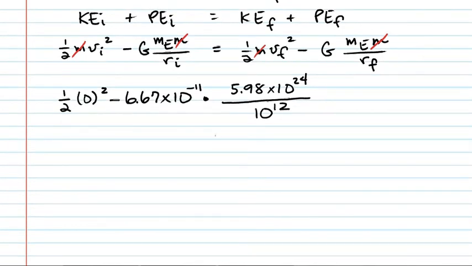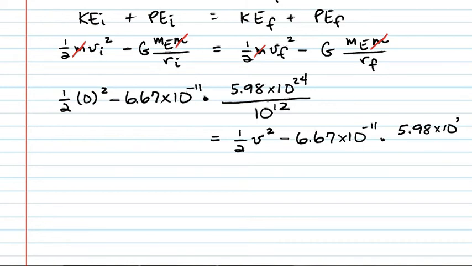And this is going to equal 1/2 times the final speed squared. We're just calling that V. So V squared and minus 6.67 times 10 to the negative 11 times the mass of the Earth once again, 5.98 times 10 to the 24, and divided by the R final, which is 10 to the 10.